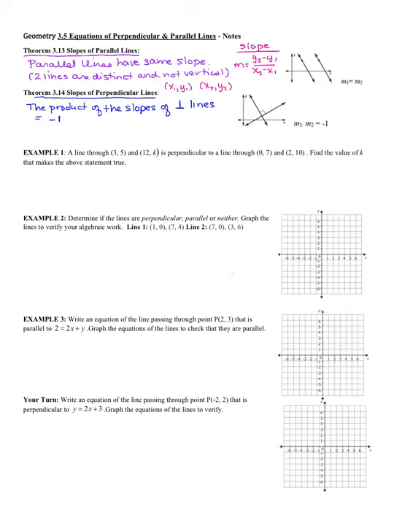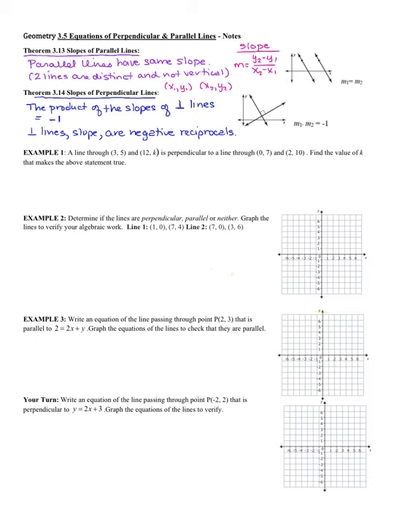And the reason for that is because perpendicular lines, their slopes, are negative reciprocals of each other. Negative reciprocals. That's a lot of verbiage. Okay. So what does that mean?